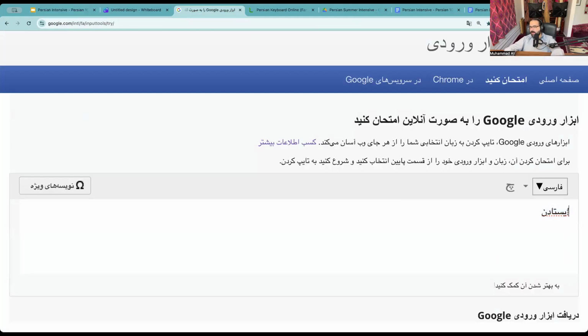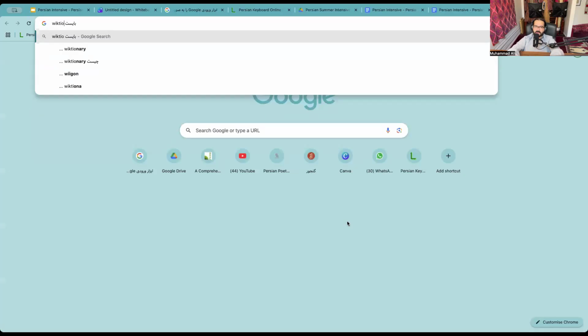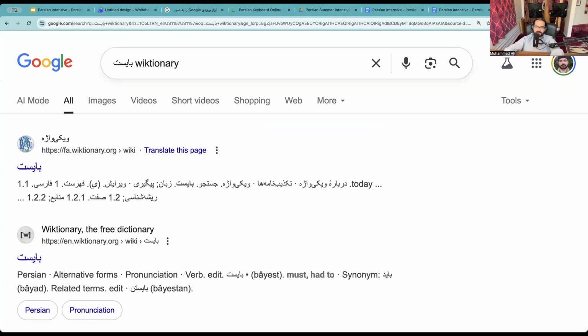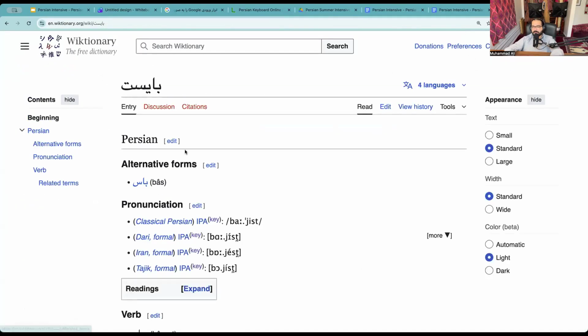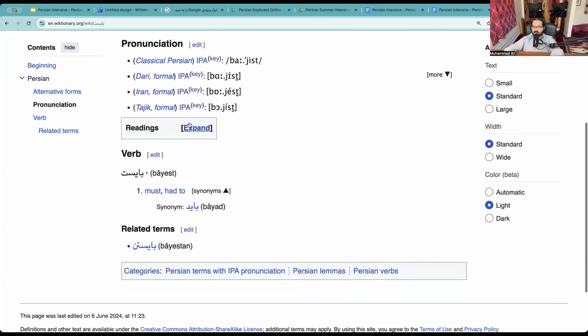I have no idea why we do this. And I'm almost certain, I can't think of it being different in classical Persian. I think this is an irregular that really goes all the way back. It's that old. Beist. No, not bayest.